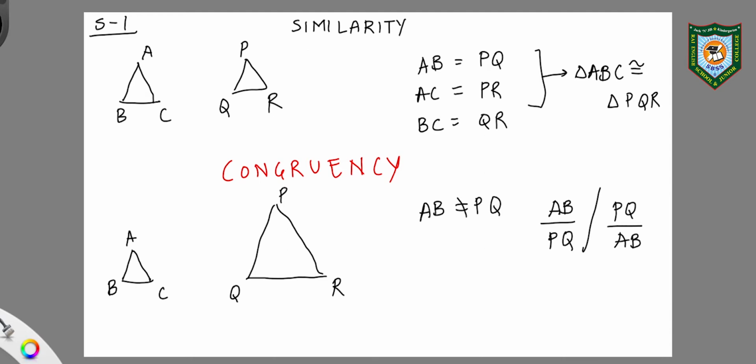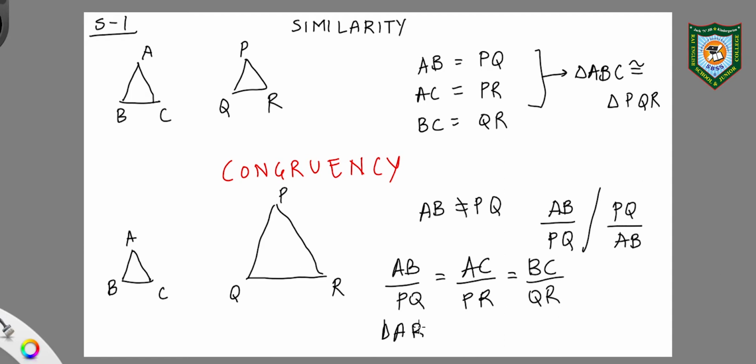So what I mean by this is that AB by PQ is equal to AC by PR is equal to BC divided by QR. This means that all the sides are in equal proportion, and when this occurs, that is when both triangles ABC and PQR are similar to each other.